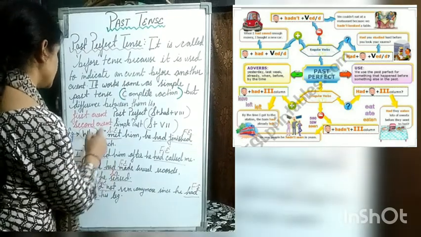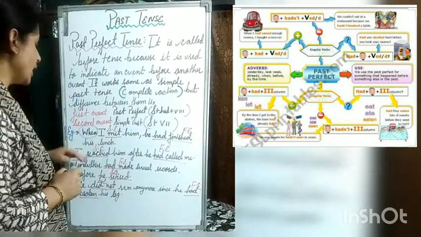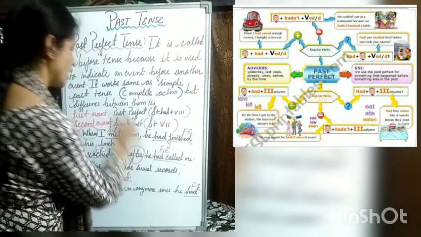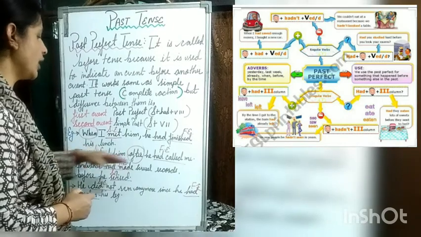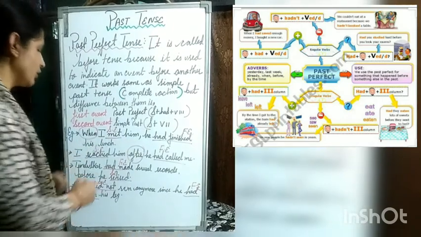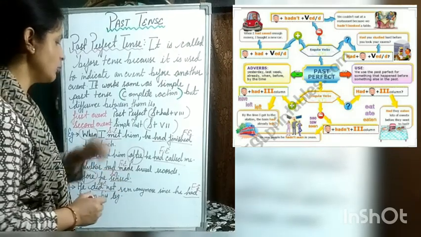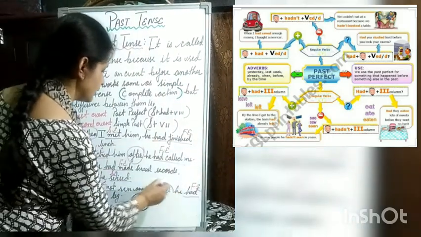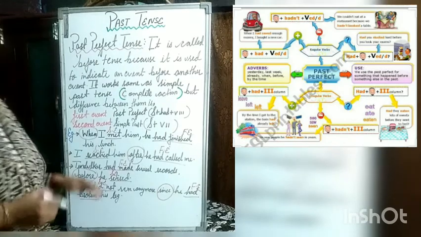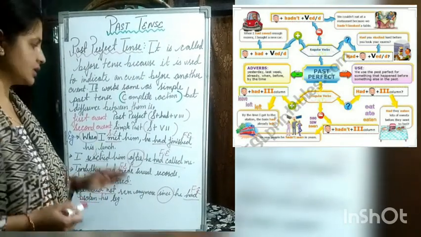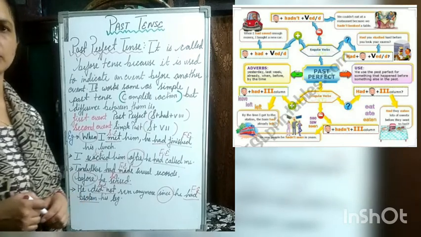So this is a sequence marker. I reached him after he had called me. So after. Tendulkar had made several records before he retired. Before. He did not run anymore since he had broken his leg. So since. So here, to put these two events in sequence, these are the sequence markers which are used.